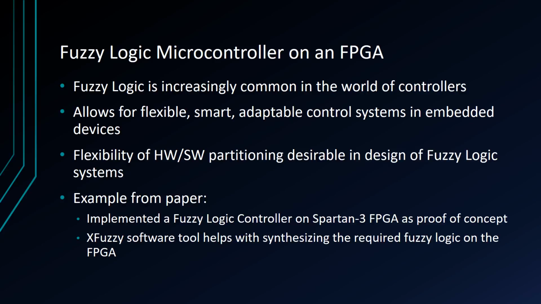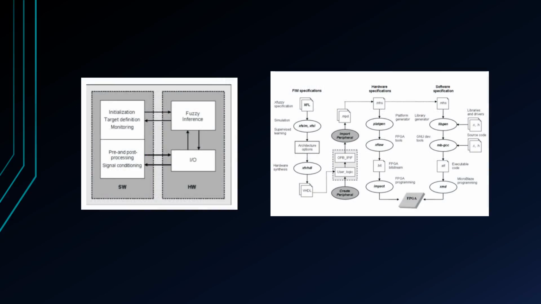For this specific example, a fuzzy logic controller was implemented on a Spartan 3 FPGA as a proof of concept, and a software tool called XFuzzy was used to synthesize the required fuzzy logic for the FPGA. On this next slide, you can see the software hardware partitioning. Like I said, the flexibility there is very important.